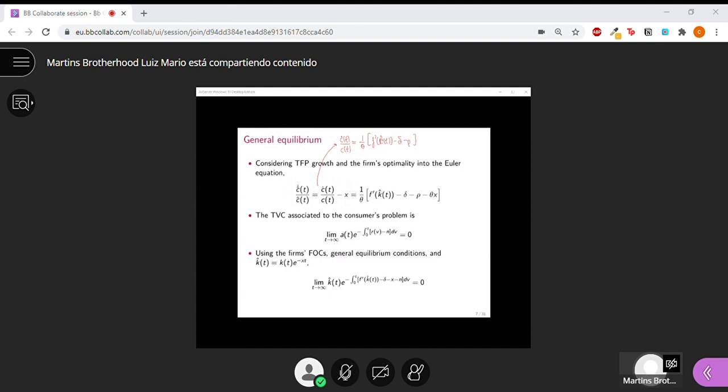Remember that C hat is small c over T, and T grows over time at this rate x, so the growth of C hat is lower.